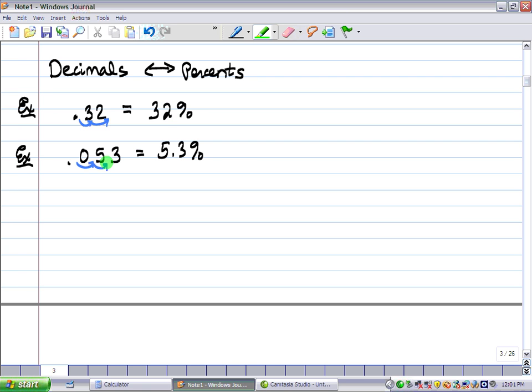In this case, it's not at the very end, so I do have to write it. What about the number 1.2? Well, when I move its decimal 2 to the right, there's an empty space, so I have to fill that empty space in with a 0. So that's going to give me 120%.